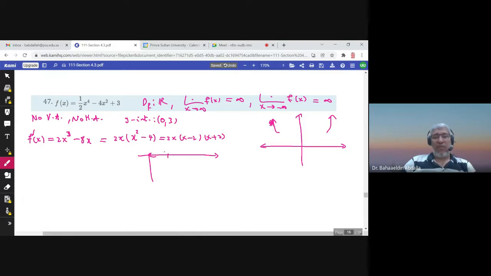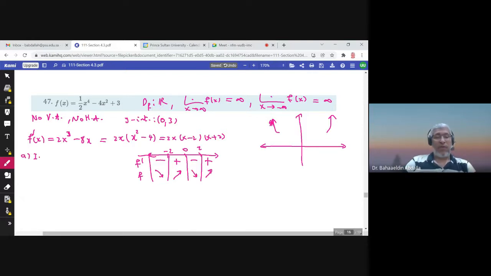So I have negative 2, 0, and 2. These are the zeros of f prime. And you can see that all of them are zeros of multiplicity 1. So if I just substitute with 3, all of them would be positive. So this is negative, positive, negative, positive: decreasing, increasing, decreasing, increasing.